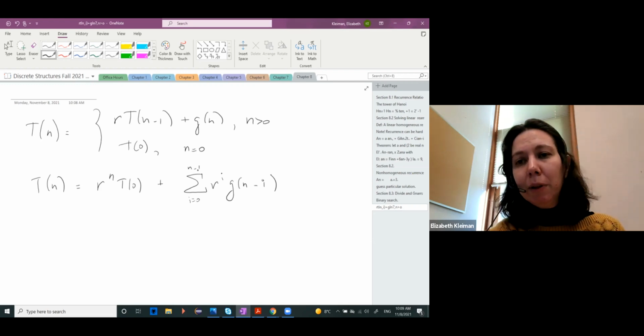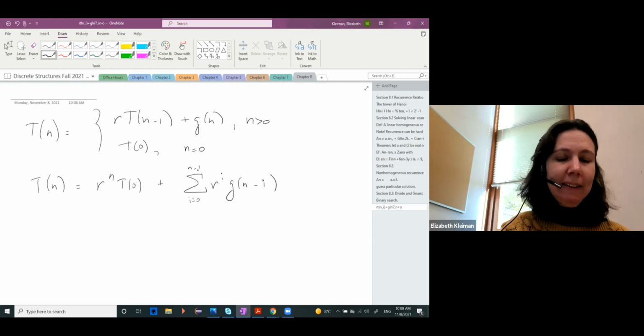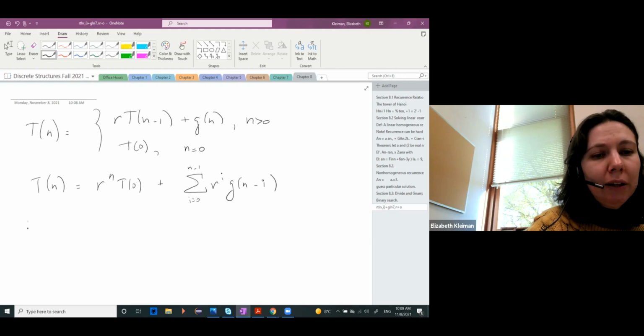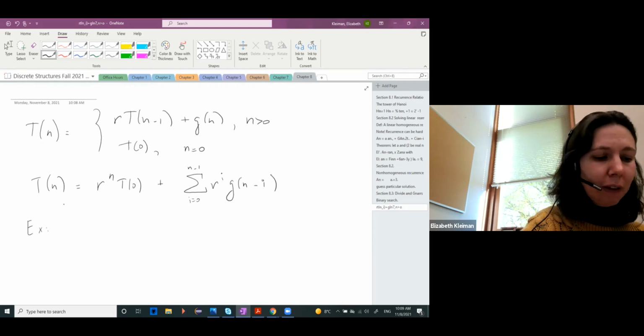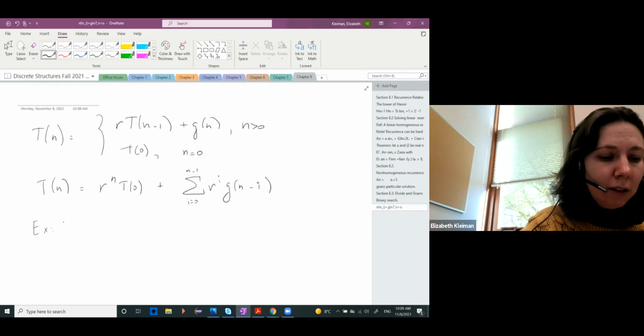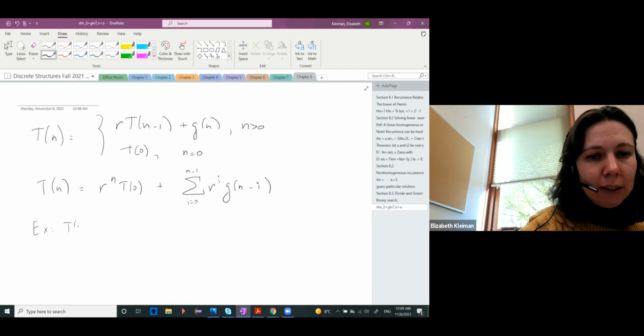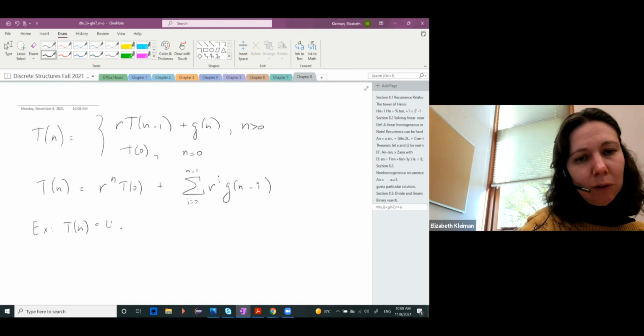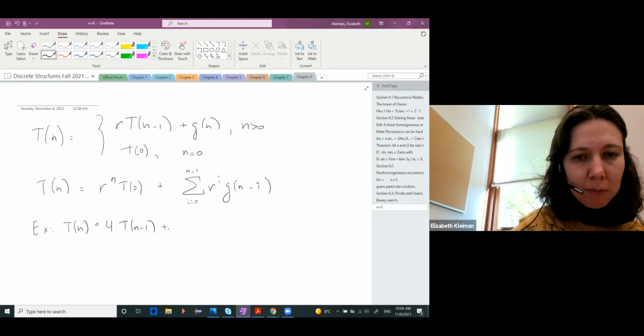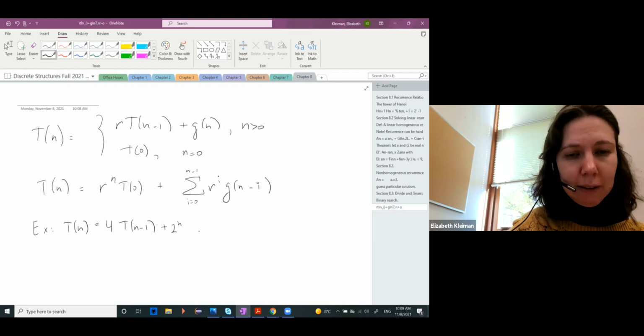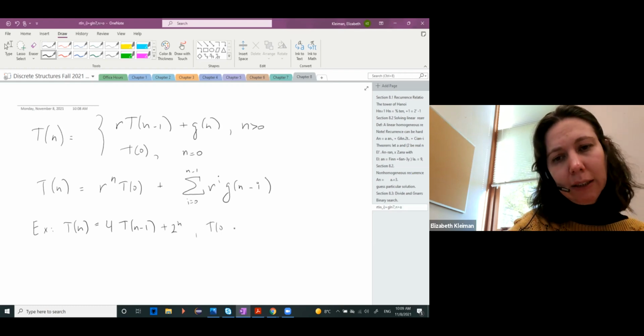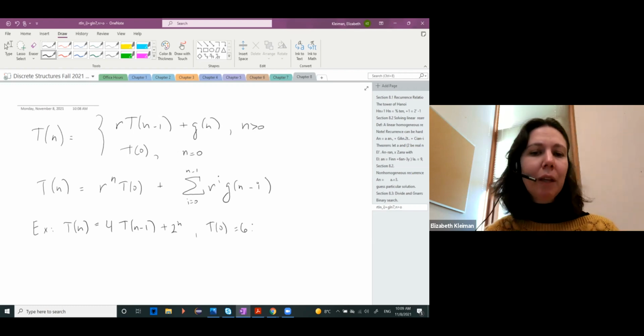An example is going to be solving T(n) = 4 T(n minus 1) + 2n, T(0) is equal to 6.